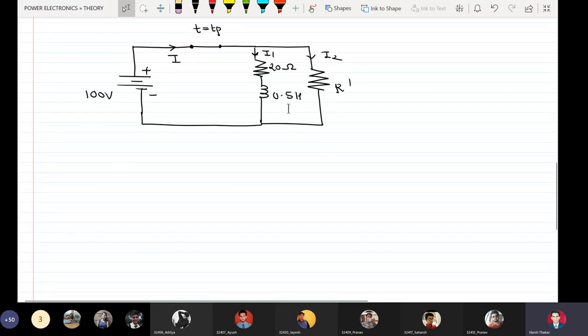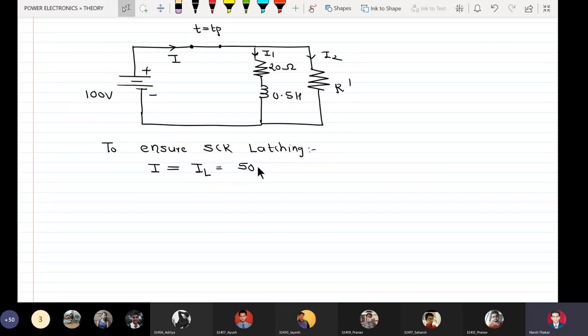Okay. So to ensure SCR latching, I should be equal to IL, which should be equal to 50 milliampere.